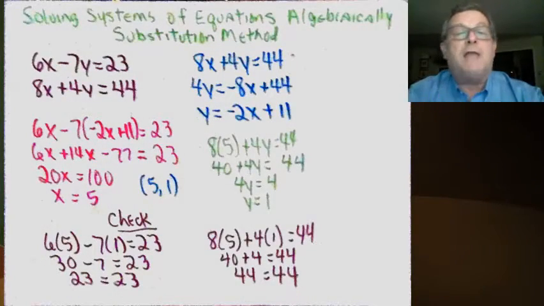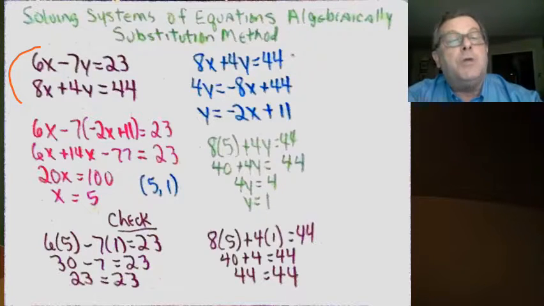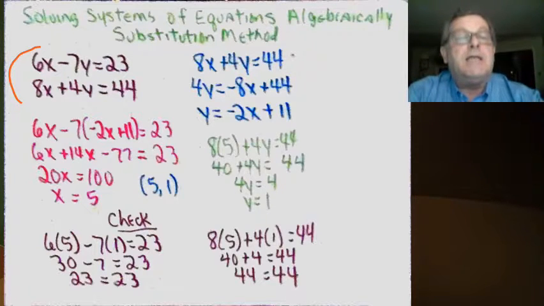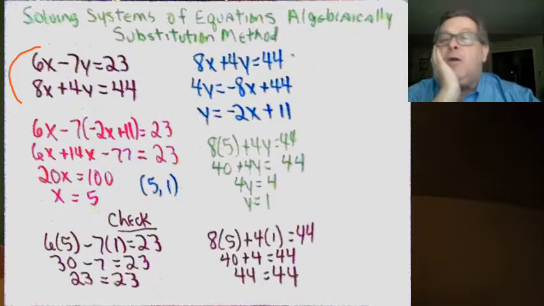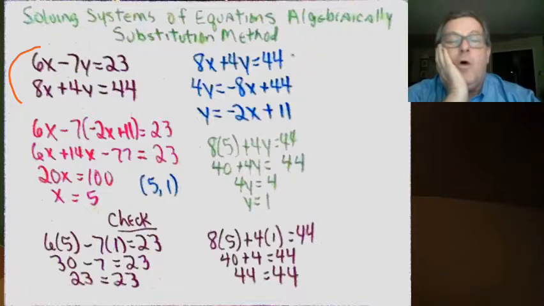Well, let's look at one last one before I turn you loose on your own. Here I've got two equations. I've got 6x minus 7y equals 23, and my second equation is 8x plus 4y equals 44. Now, unlike the two previous slides, I don't have any variable with a coefficient of 1.